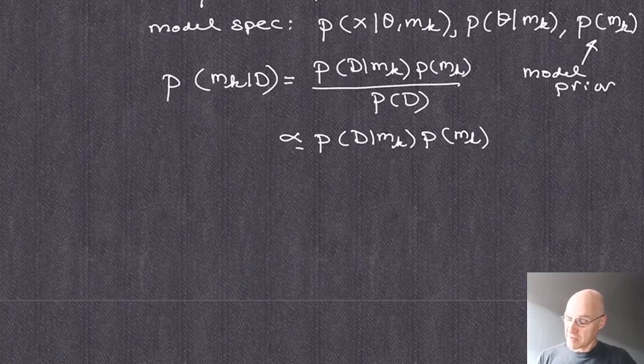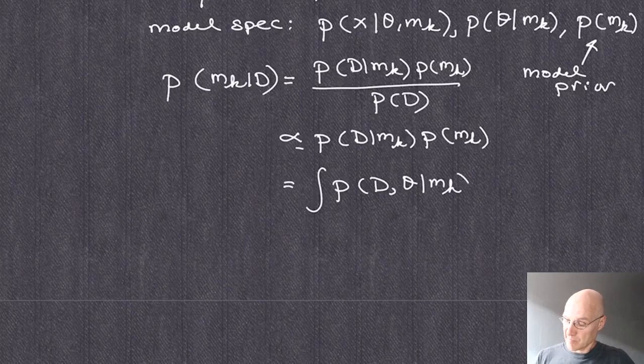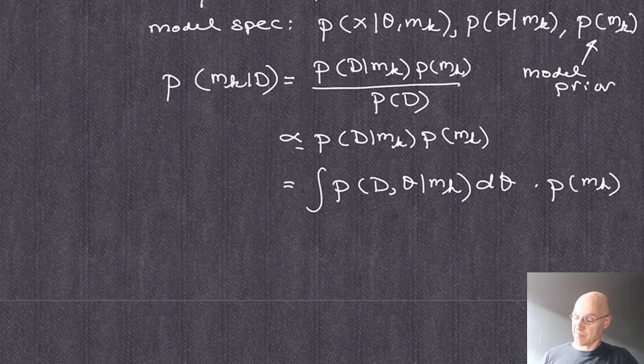Now this equals the integral of P of D given theta, mk, d theta, times P of mk. That's just basically the reverse order of marginalization.